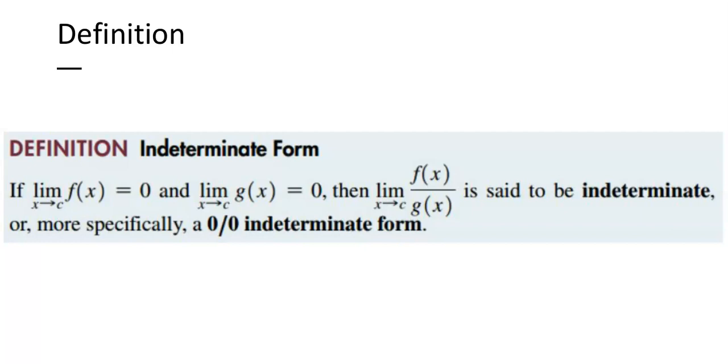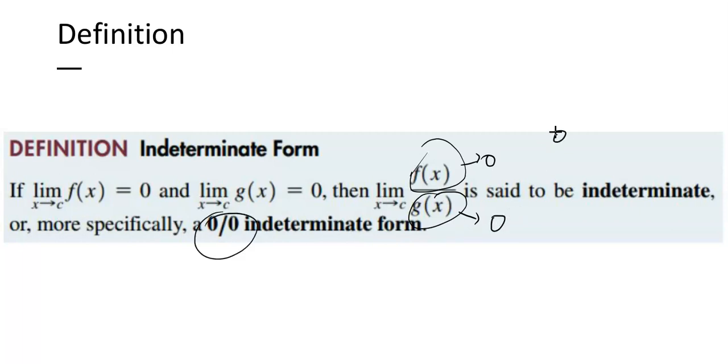If you don't reduce it and you get 0 divided by 0, reduce it first and then try to evaluate the limit after that. This is the case where the limit as x approaches c, for the numerator, approaches 0, and the denominator approaches 0.